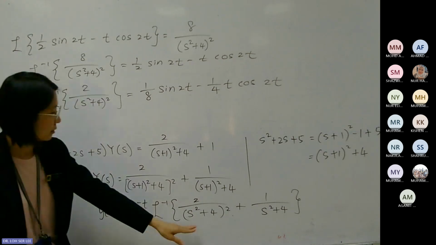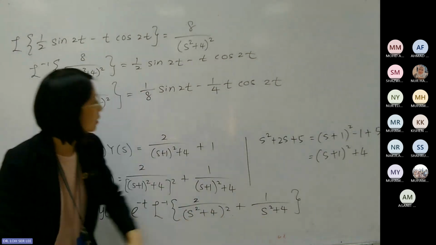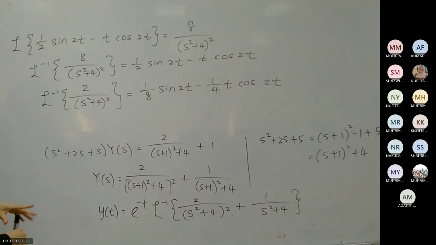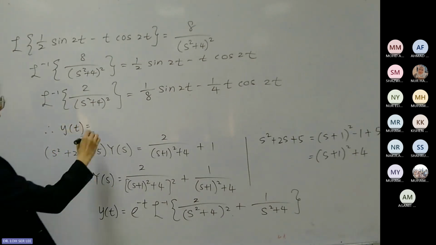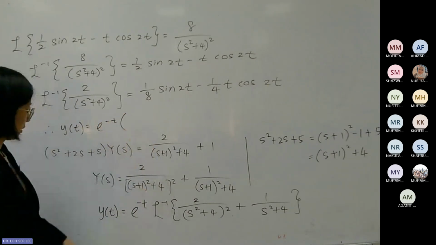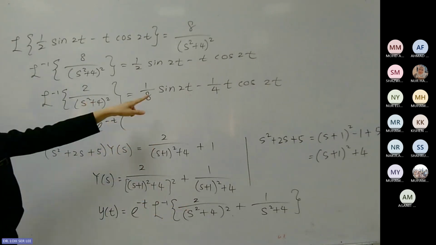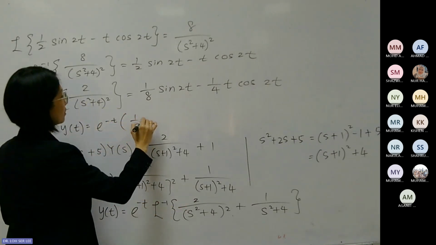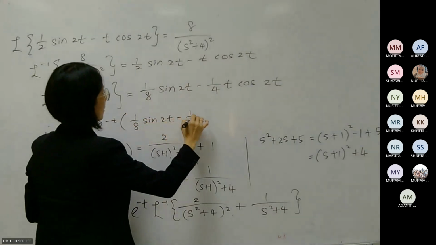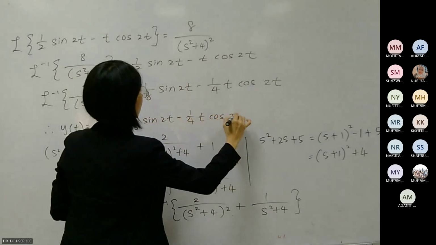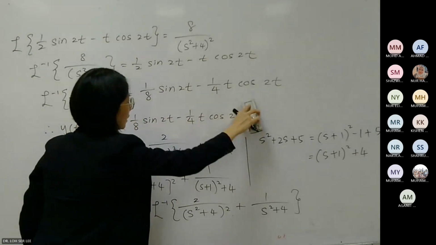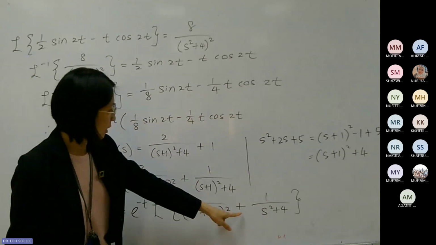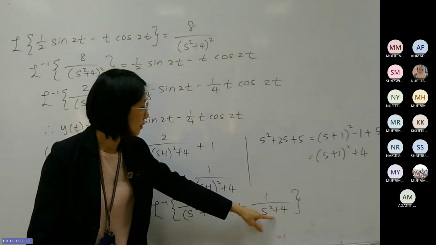Okay, so we have got this, and this one is simple. So e to the negative t, inverse Laplace this one, just copy this. Plus this one.